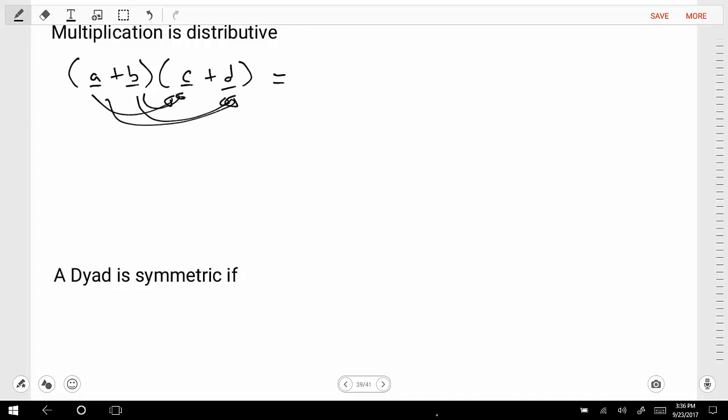We'd end up with 4 terms, of course: ac plus bc plus ad plus bd, where each of these terms is a dyad. So we're building the sum of these tensors together. Each of these means a tensor.